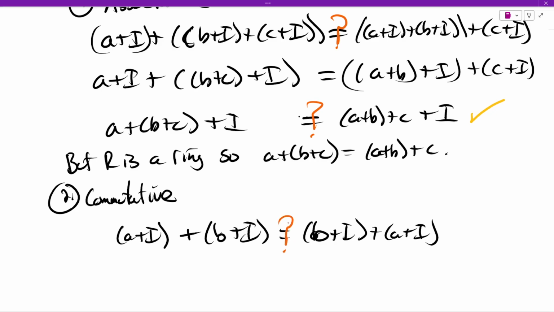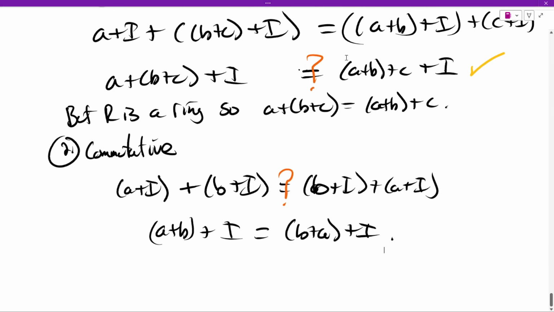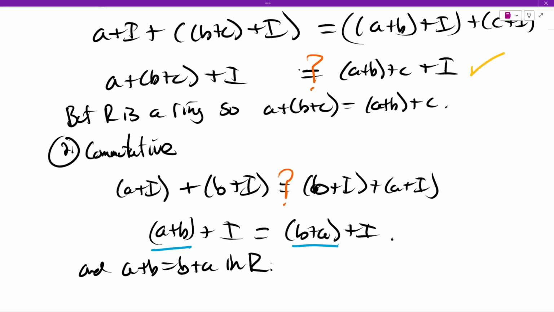On the left-hand side, we have A plus B plus I, and on the right-hand side, we have B plus A plus I. And again, these elements are just equal as ring elements, because R is a ring, and R has commutative addition. So since the elements outside the I are equal, certainly the cosets themselves are equal.